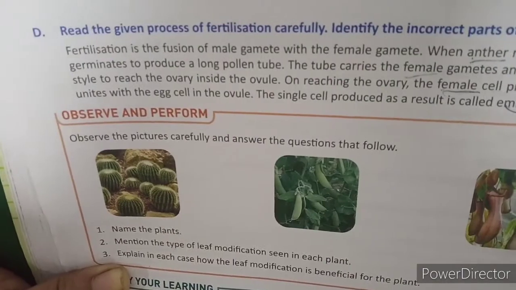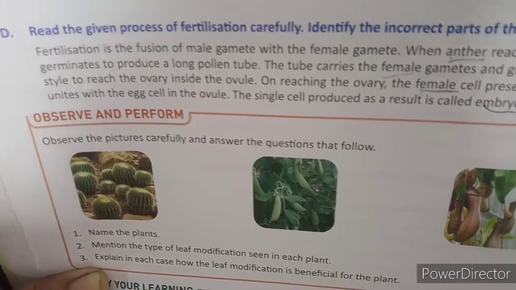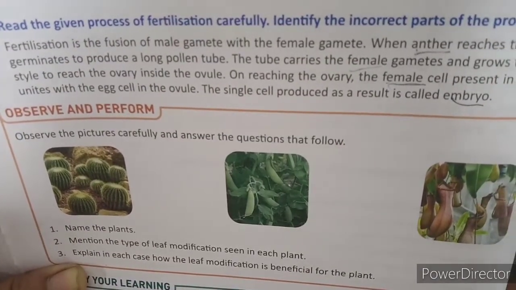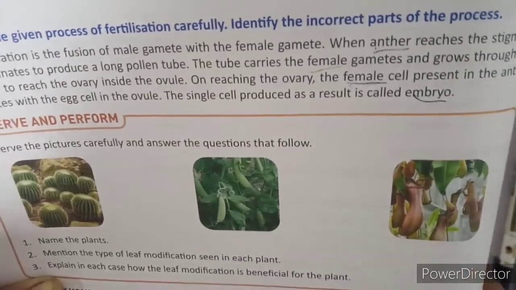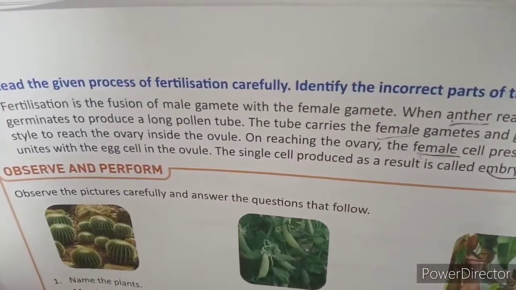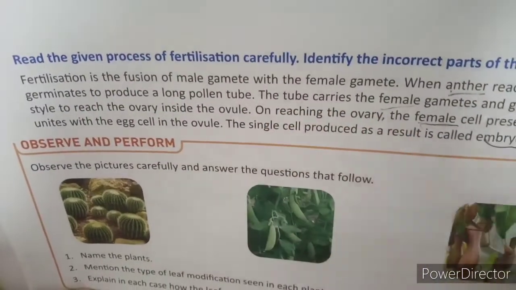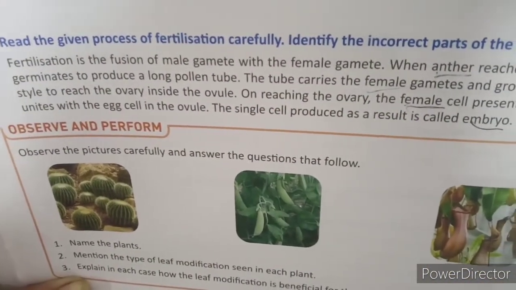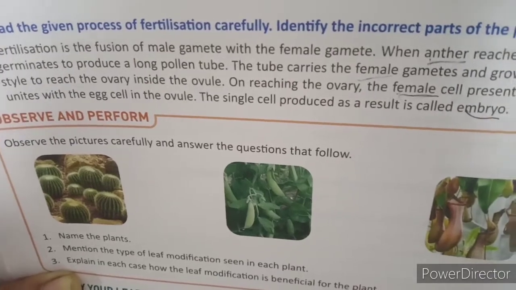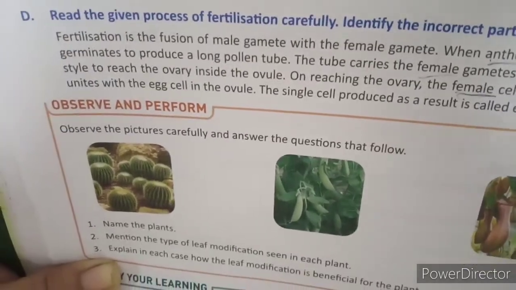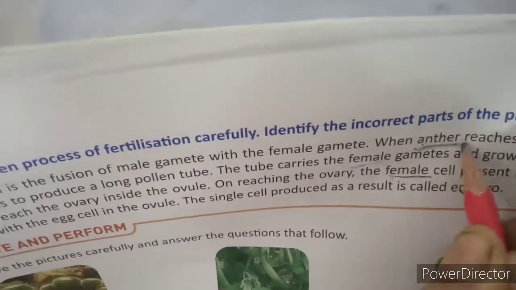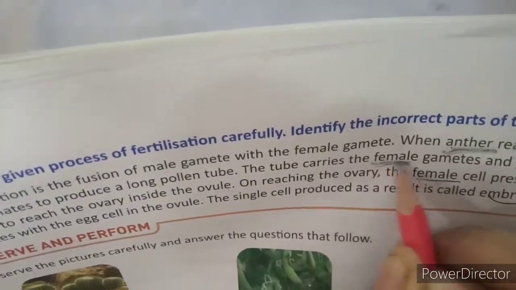Germinates to produce a long pollen tube. The tube carries the female gamete and grows through the style. So the tube carries the female gamete. Is it the female gamete which is carried? No. So please mark here, already anther is marked, your female gamete.